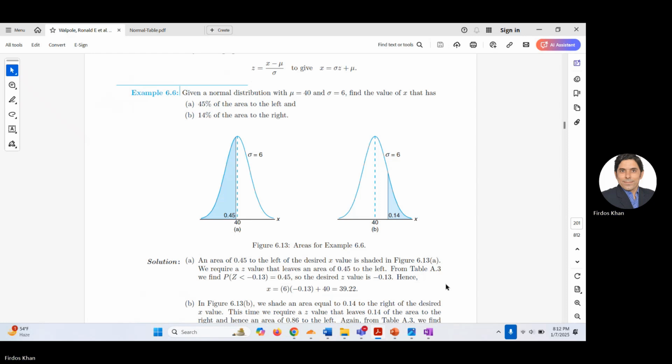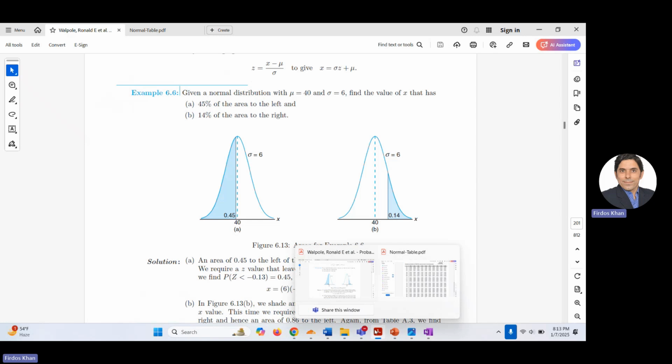An area of 45% to the left of the desired x value is shaded in figure 6.13a. We require a z value that leaves an area of 45% to the left. From table A3 we find the probability of z less than z naught. But how can we find this from the table? Because this is an already solved example, it will not help us in the exam.